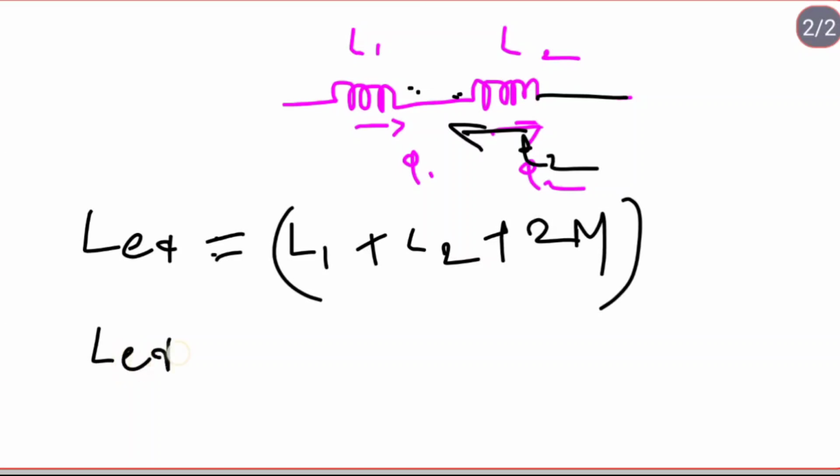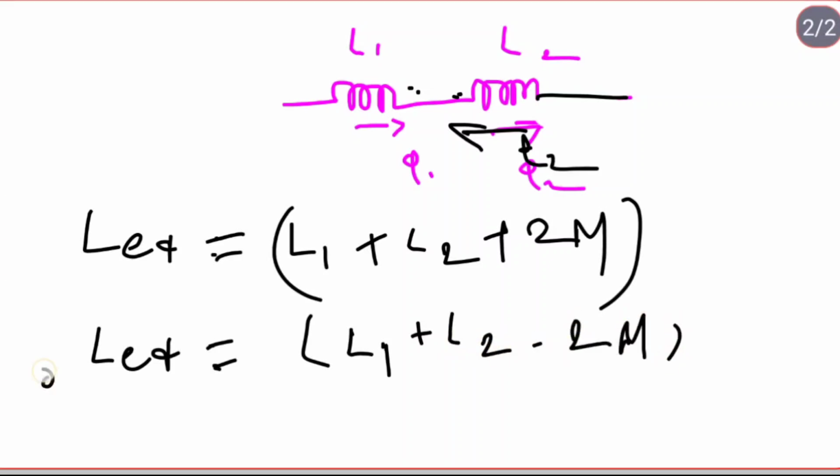The basics we already studied previously in electrical circuits. The same we have to remember for magnetostatics. L1 plus L2 minus 2M when opposing, L equivalent on opposing in nature.